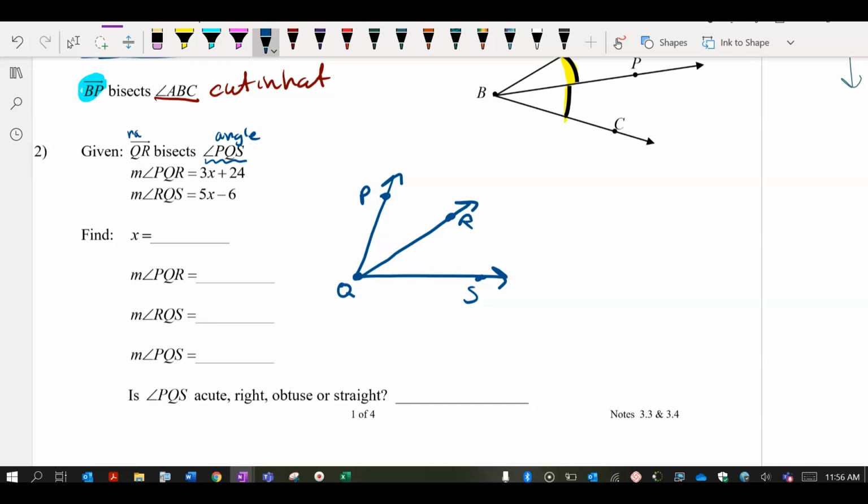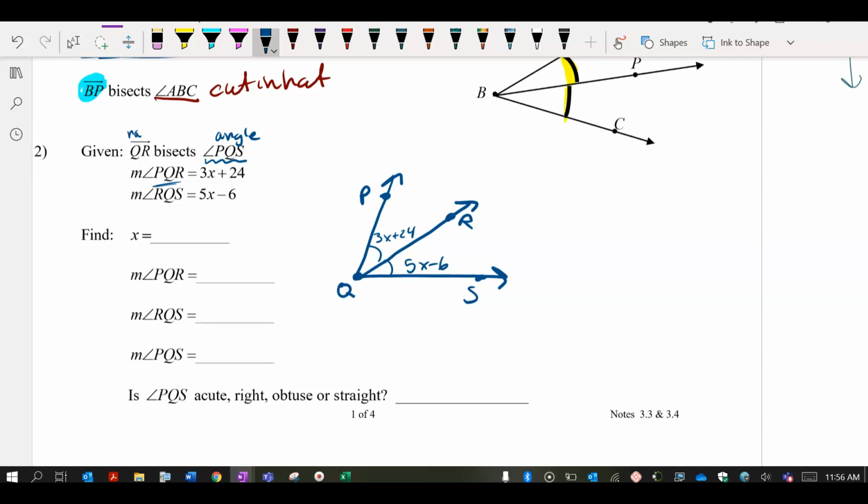Now it says it's bisecting, so it's cutting it in half. So I know that these two will be equal to each other. We have PQR, so it's 3x plus 24, and then RQS is 5x minus 6.